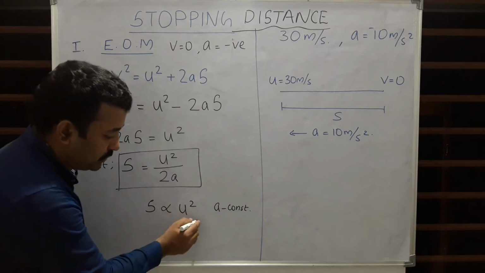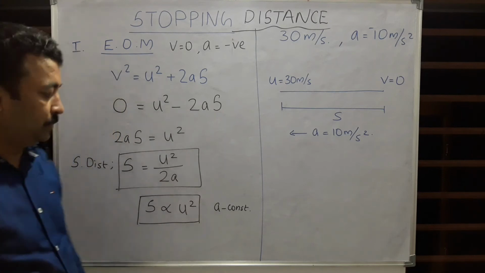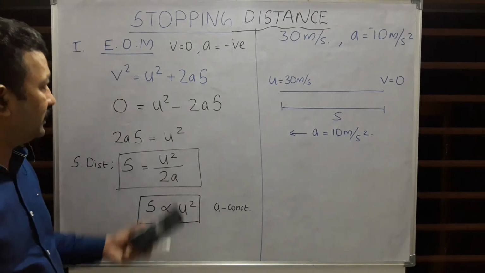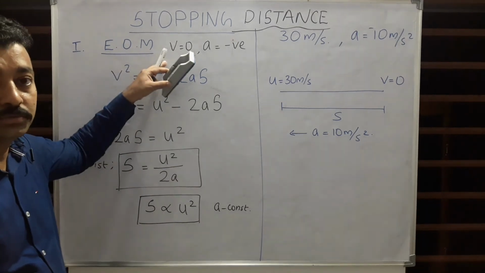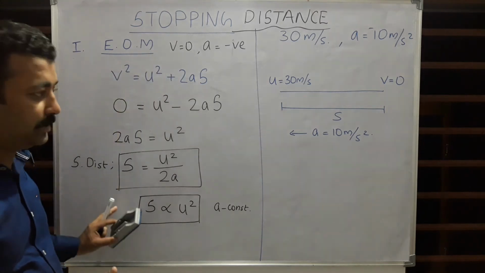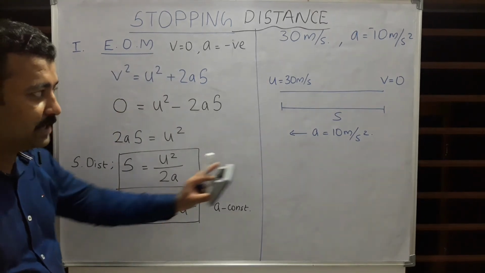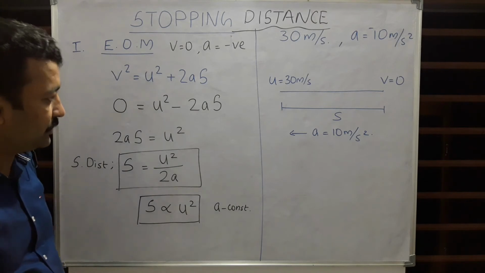So the problem is clear, and it is done with the help of equations of motion. This is the simplest manner to find out the stopping distance. I will use that one and solve the problem for you. So what are the things which we know?